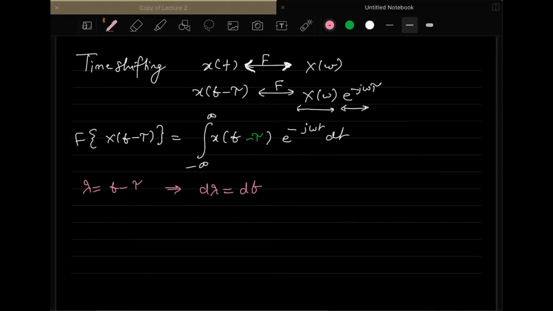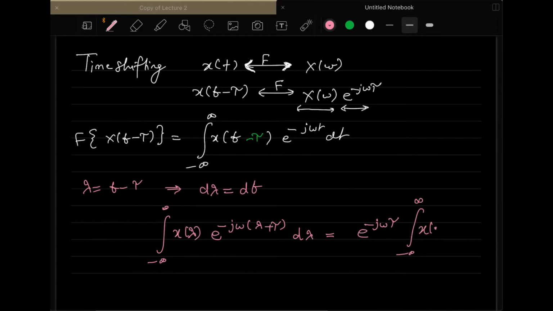Now you can substitute this variable substitution in the original integral, and what you will get is the integral from minus infinity to infinity of x(lambda) e to the power minus j omega (lambda plus tau) d lambda. Then you can take the exponential out, and the integration is again on the lambda variable.